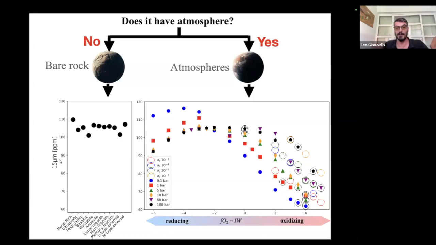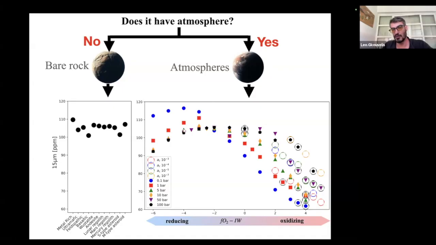And actually, right now, as we are talking, there is a campaign observing the planet that we have predicted in this work. And I show you here, for both plots, on the y-axis, the secondary eclipse depth of this planet as a bare rock.